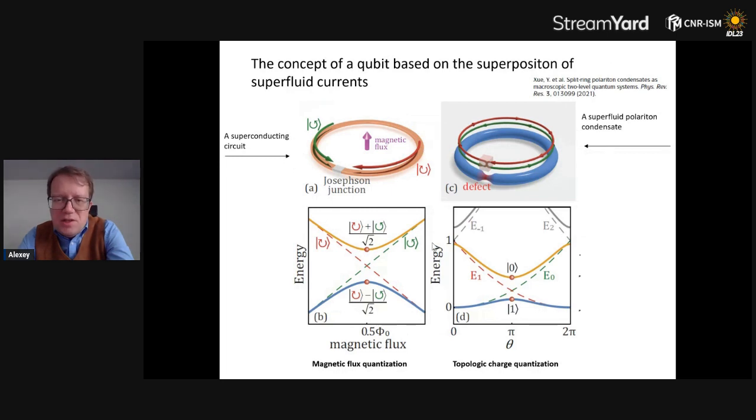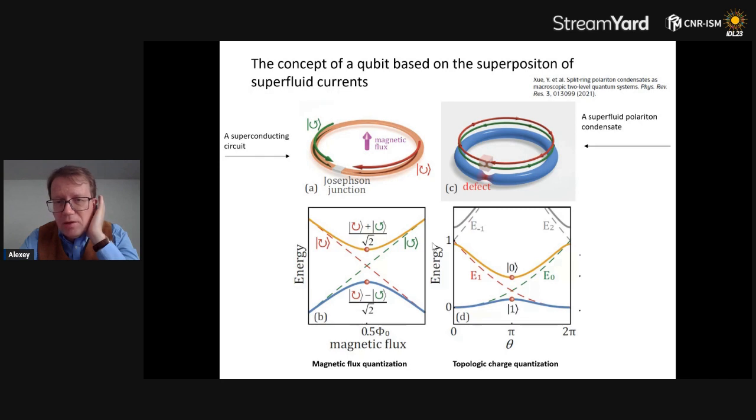The idea is very similar to what is realized already with superconductors. Also in superconductors, you can have a current that propagates forever without any friction, without any resistivity. And the same with the superfluid. The only difference is that a superfluid current does not carry electric charge.